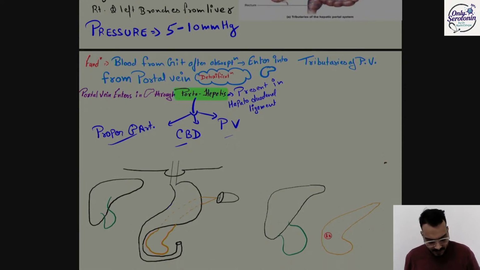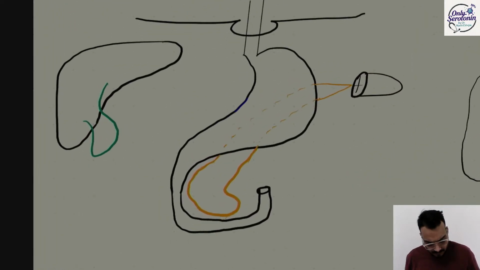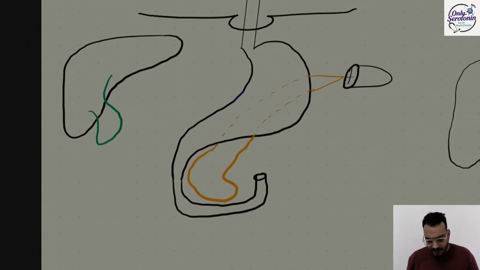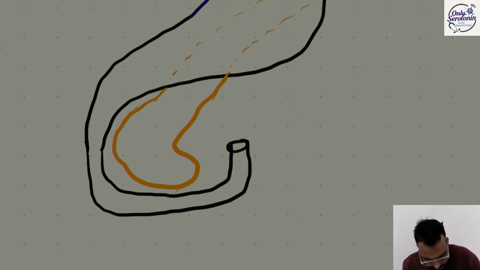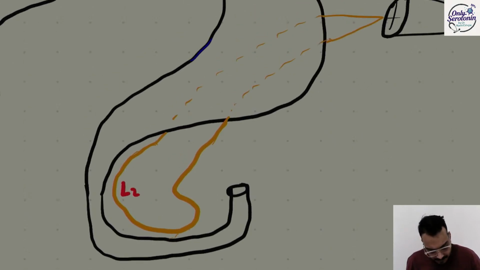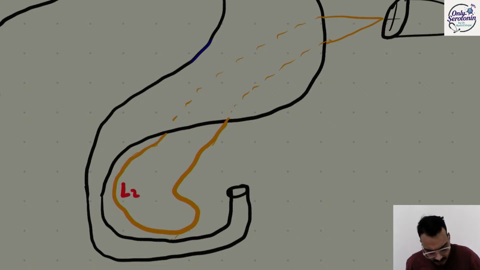Now let's make this diagram, guys. So we are going to understand what actually happens here. Try to understand, this level here is my L2 level. In this level, what is going to happen?